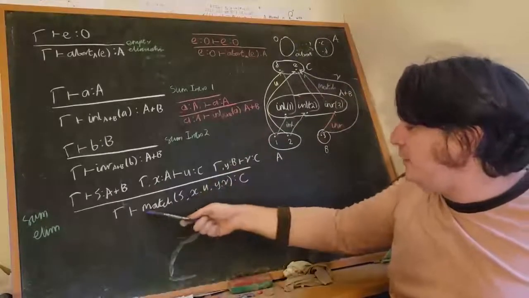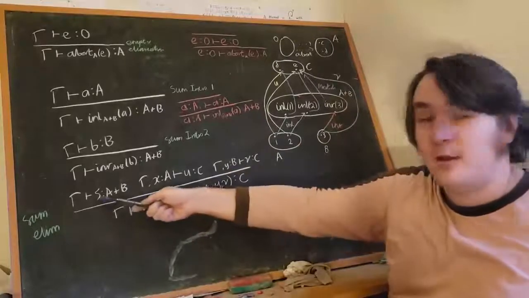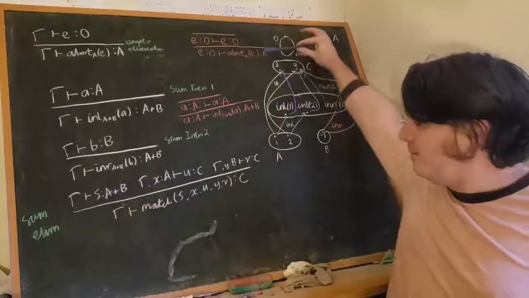And you see here it's called match, and this is the input, this is the S, this is the value of A plus B that we're mapping.